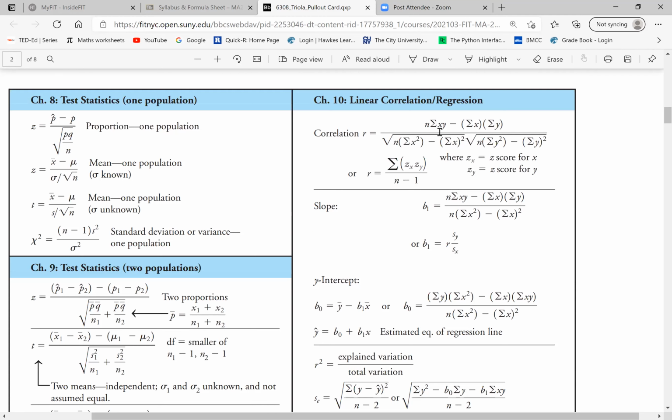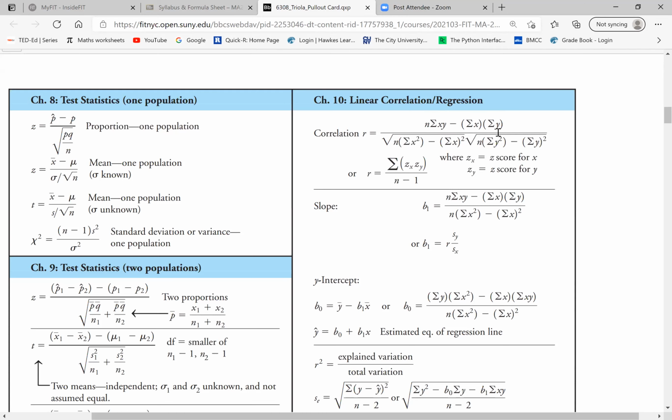Then we also need to sum up the product of X and Y, the X squared, and the Y squared. Basically we need to sum up 5 things: summation X, summation Y, summation X square, summation Y square, and summation XY. And we have 5 ordered pairs, so the sample size is 5. So now we know the formula we are using, so let's go back.